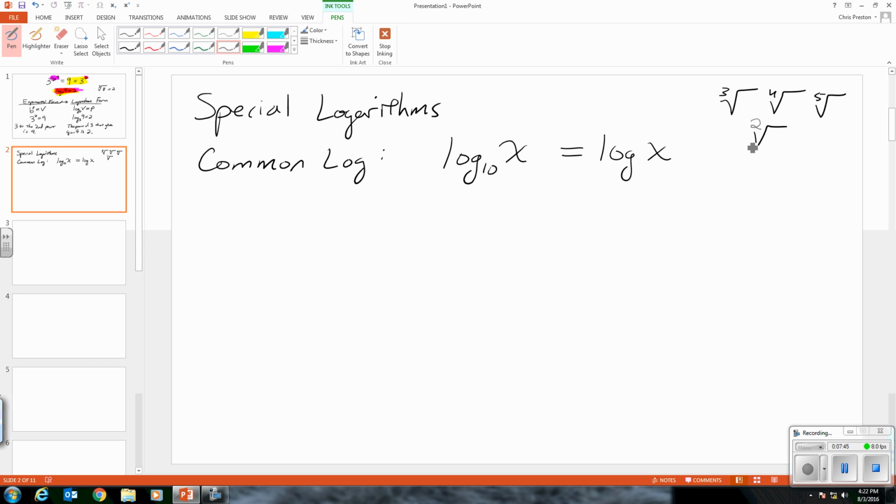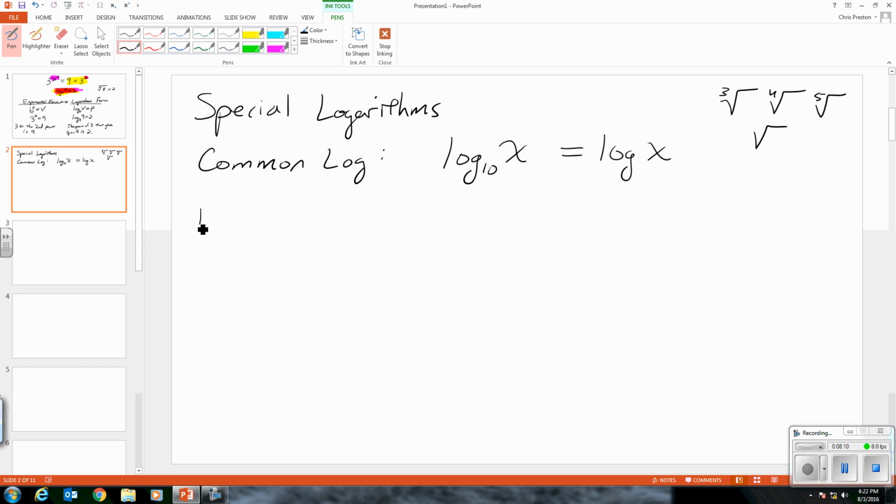And it's because we use that root so often that we just say, okay, if there's not a number there, then you're supposed to assume it's a 2. Same thing here, if there's not a number, it's supposed to be a 10. So if you intended it not to be 10, and you forget to write the correct number, then you would get it wrong because it would assume you're talking about 10, and you weren't.